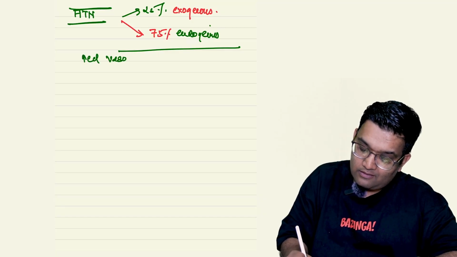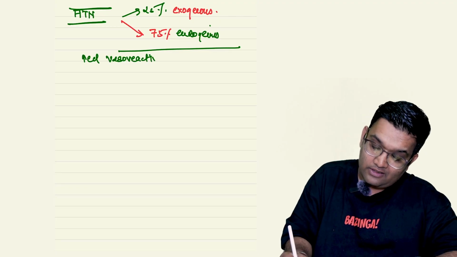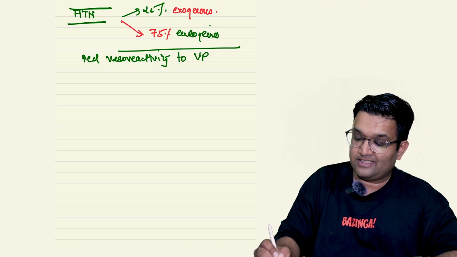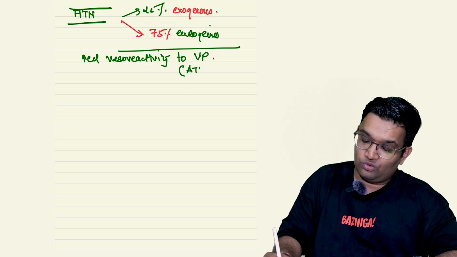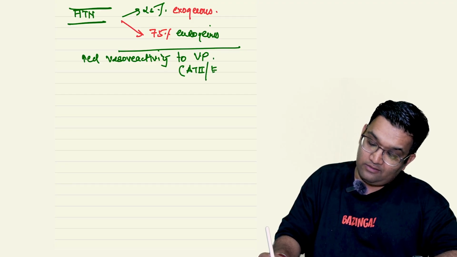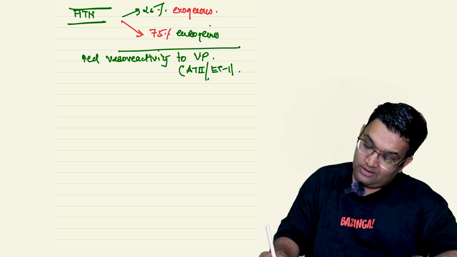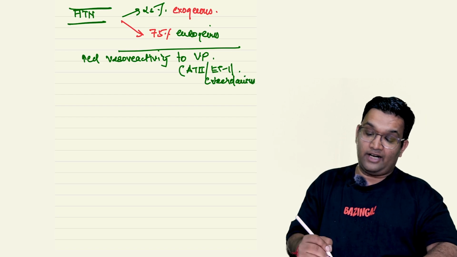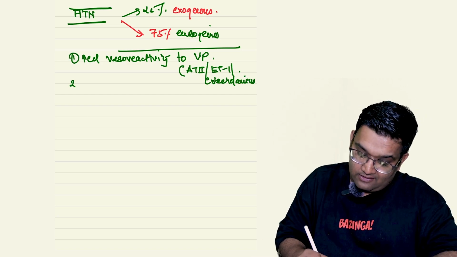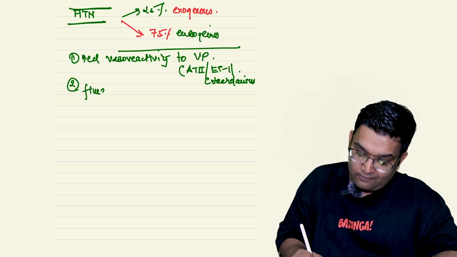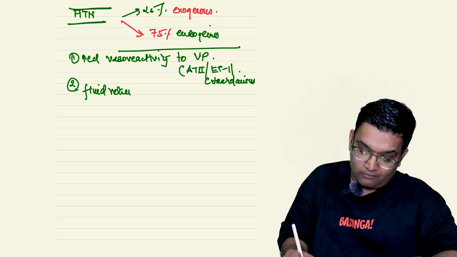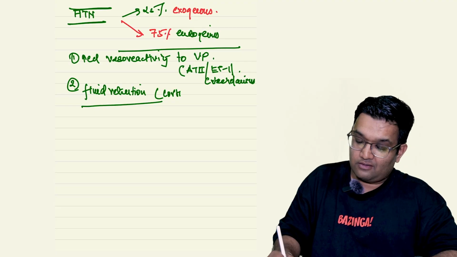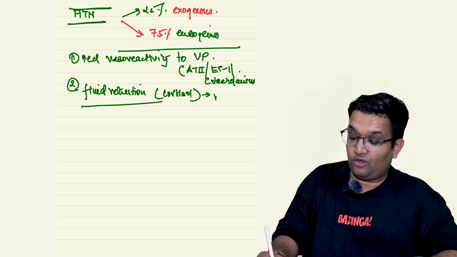Number 1, increased vasoreactivity to vasopressors such as angiotensin 2, endothelin 1 or catecholamines. Then fluid retention, because of cortisol action on the mineralocorticoid receptor.